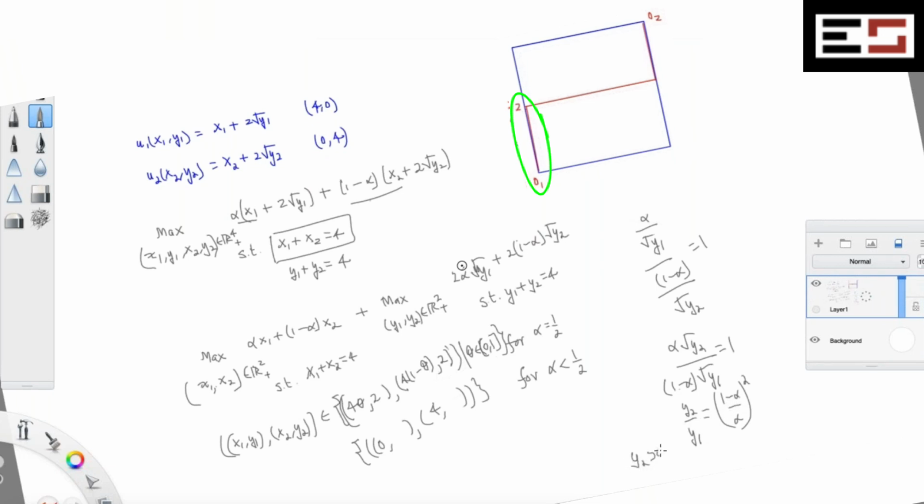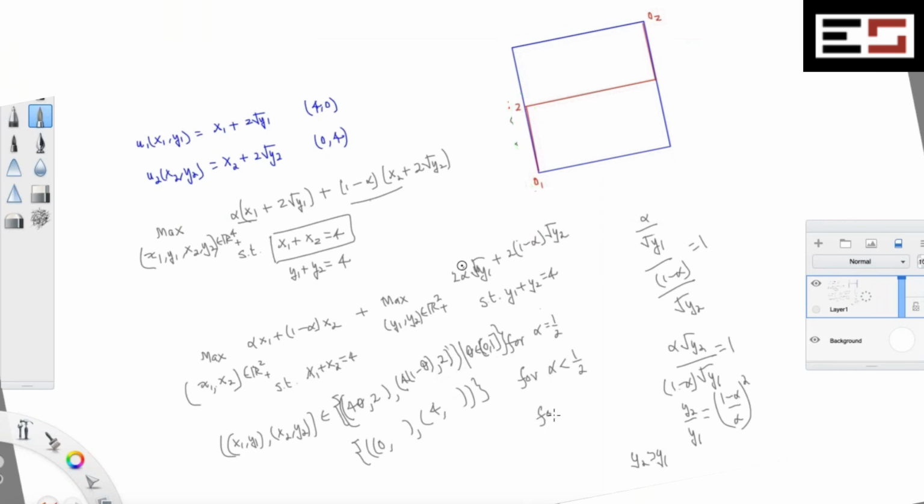Y2 is greater than y1 means that the total amount of y1 plus y2 must be 4. So y2 is greater than y1 implies that y2 is greater than 2, which means y1 is less than 2. So we are talking about these points, right? And as you change alpha, you keep getting different points over here.